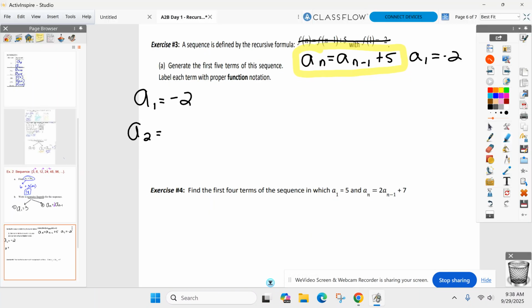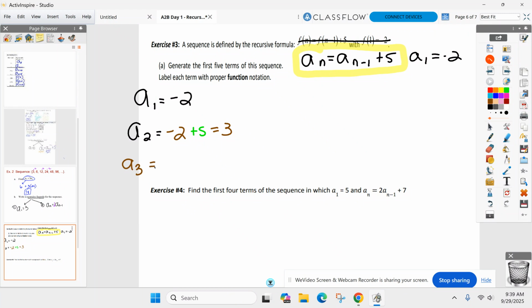Add 5 to the previous term, -2. So I'm going to take -2, my previous term, and add 5. See how this is working? Anytime I see that n-1, I'm thinking previous term. That's 3.